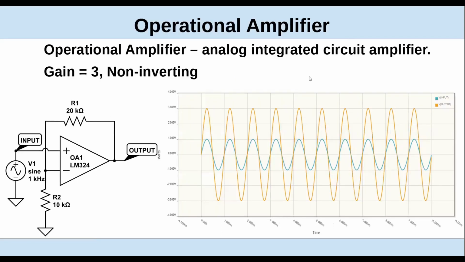Okay, now we hadn't talked about these, but this is just a package of a number of transistors, and we call it an operational amplifier. It's a differential amplifier. So any signal between this plus and minus input gets amplified by maybe a factor of 10,000.